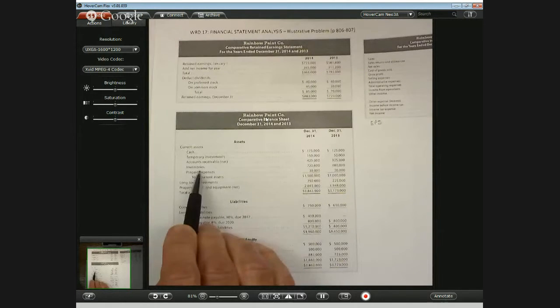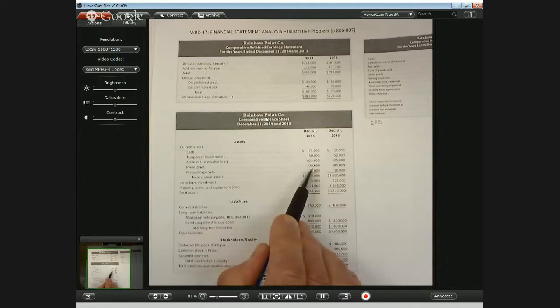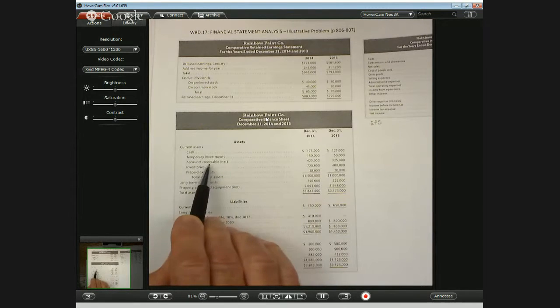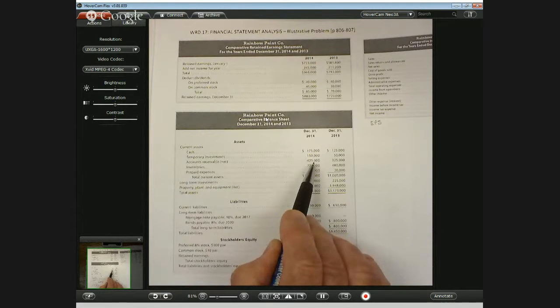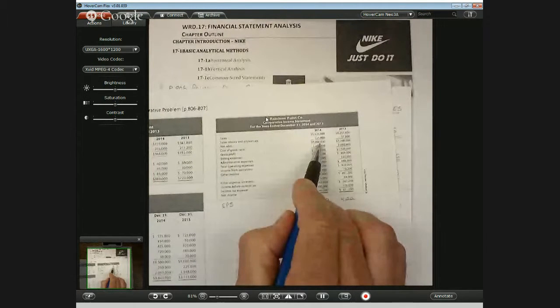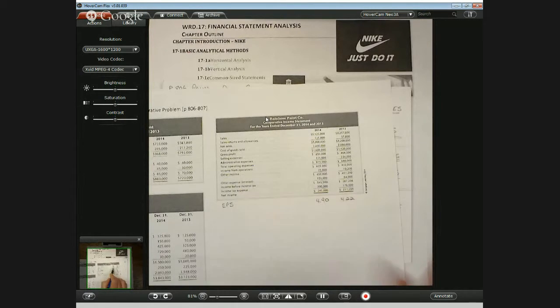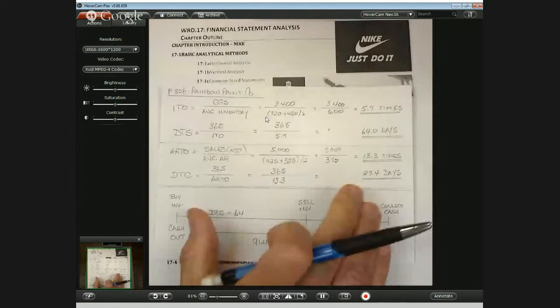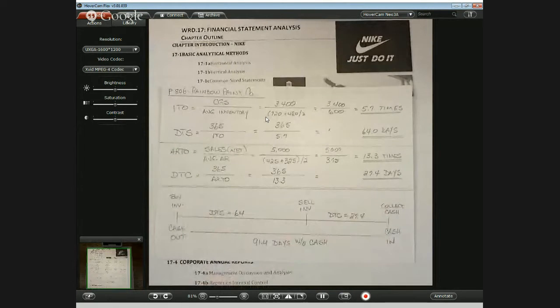We want to see how inventories, which are $720,000 for 2014 for the Rainbow Company, and accounts receivable, which are $425,000 for the company, relate to its net sales, $5 million, and its cost of goods sold, $3.2 million. Okay, so here's the context.